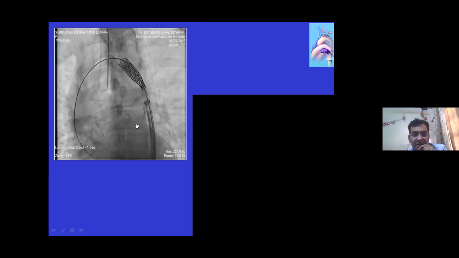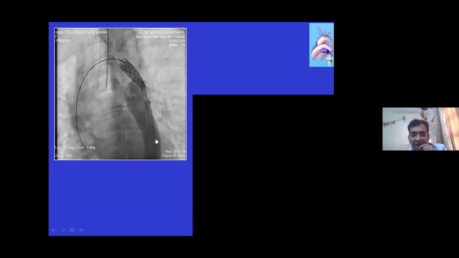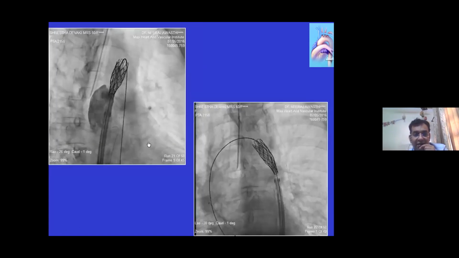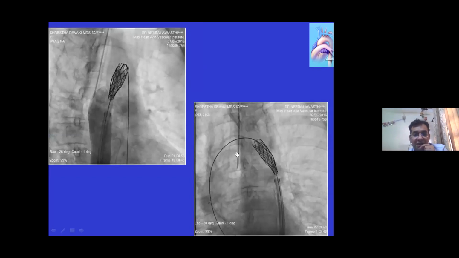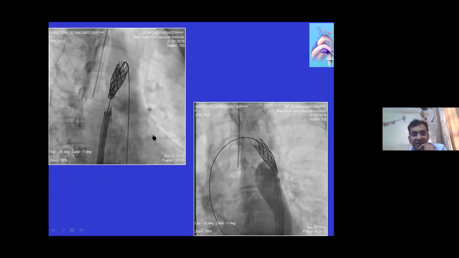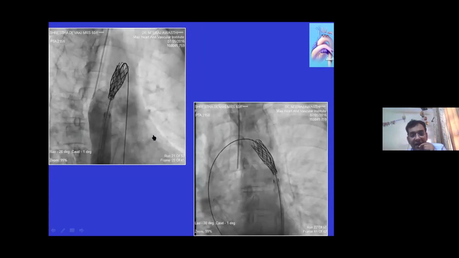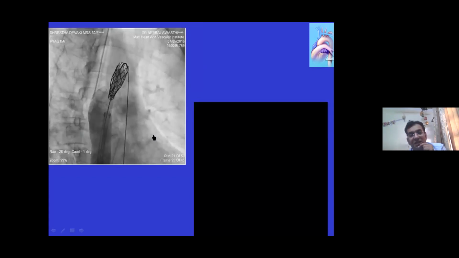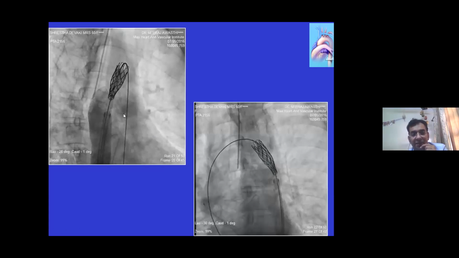So a partially expanded stent is being profiled in the same LAO view and is being tried to park in the proximal segment. And you see the RAO view there. It is clear that my stent is definitely lying more proximal, and there is hardly any stent in the distal part.